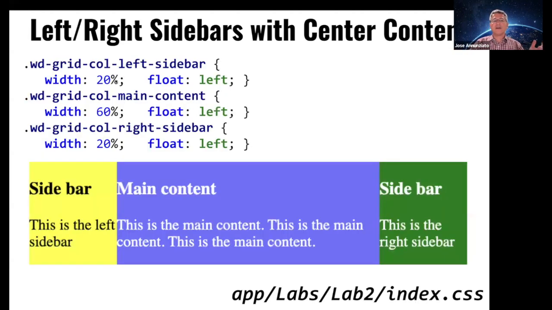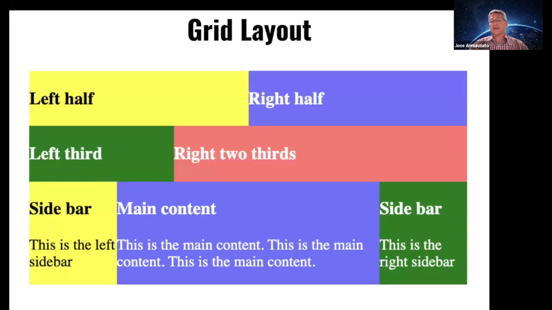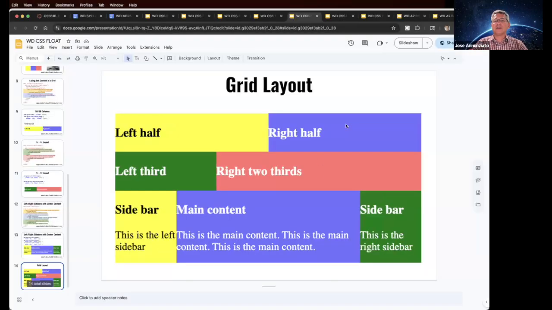So for instance, you can have 20% on the left, 60% in the middle, and then another 20% on the right, all floated, stacked up in one single row. Okay, and then when you combine all three, you have your grid layout. So we're going to be using these kinds of grid layouts throughout the semester to lay out things horizontally, without using or misusing tables.